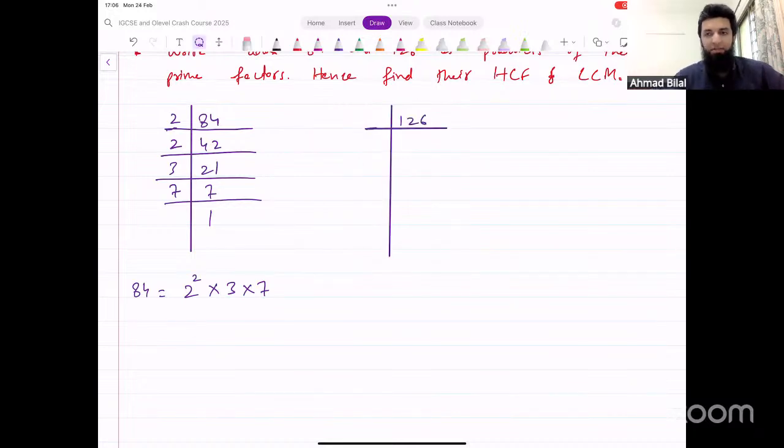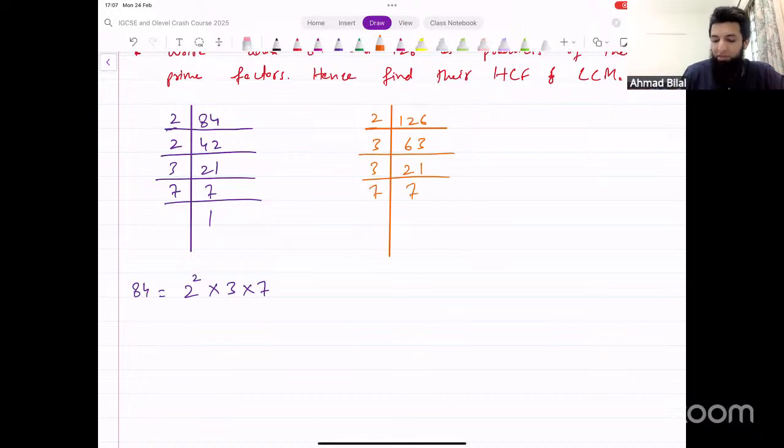What about 126 now? Let's do the same thing with 126 and see how that can be written. Again, we can divide by 2 first of all. When we divide it by 2, we are left with 63. We cannot divide by 2 anymore. What about 3? 3 works. 63 over 3 is going to give you 21. You can divide this by 3 again. 21 over 3, that's 7.